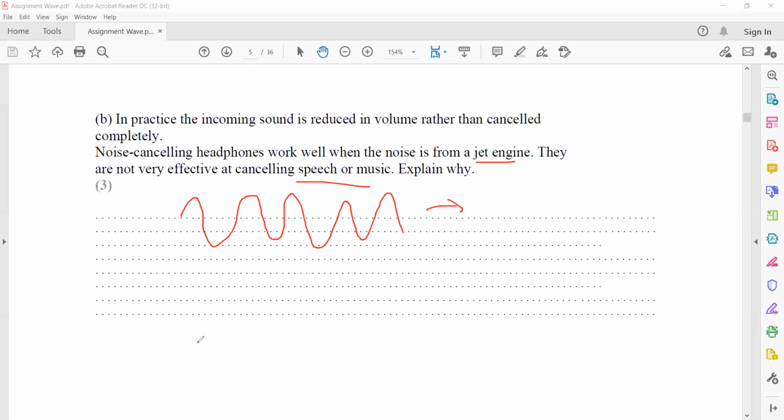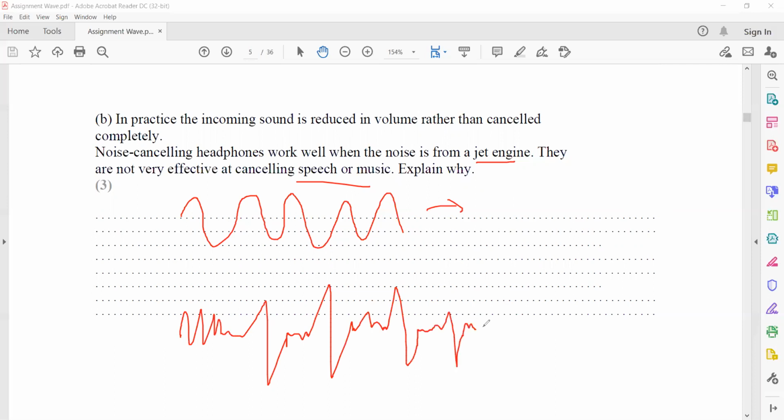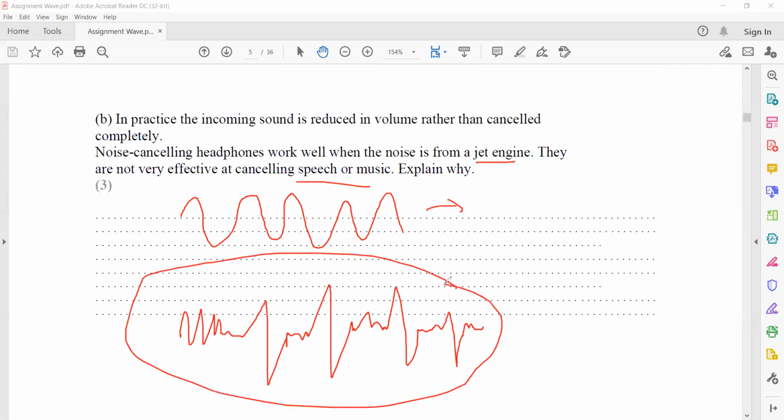But with music or speech, for example a singer, they produce a range of frequencies, like high frequency, and even the amplitude is not constant. So it is difficult to cancel out this sound, because the amplitude is changing and the frequency and the wavelength are also changing.